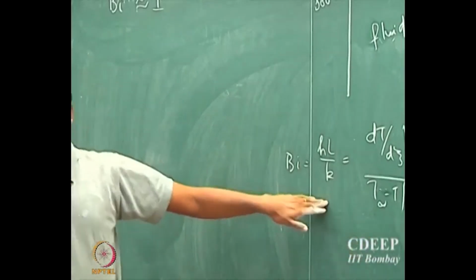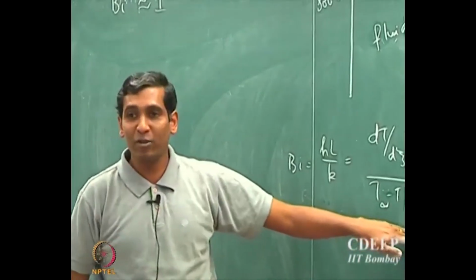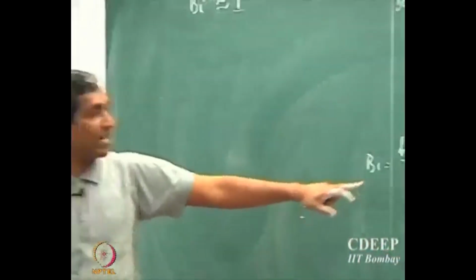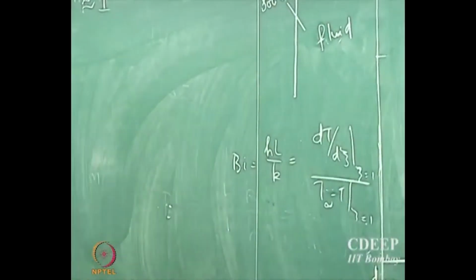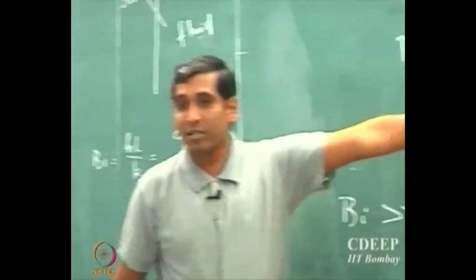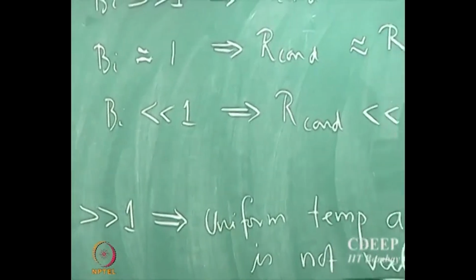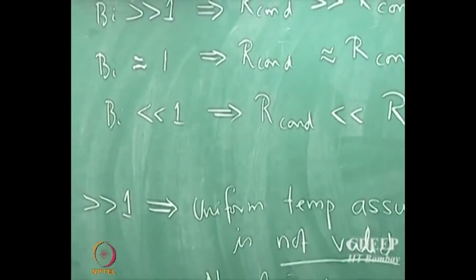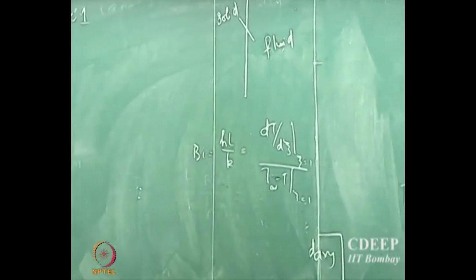So it's not just that it captures a ratio of resistances, it is also equivalent to the ratio of the temperature gradient inside and temperature gradient outside. Okay. So when resistance to conduction is equal to resistance to convection, which means that there will be significant amount of gradient and these two gradients will be exactly equal to each other.